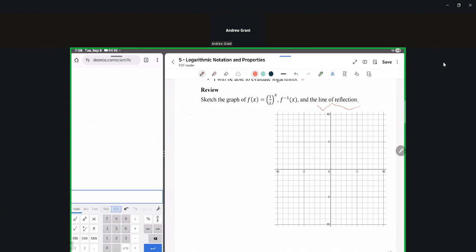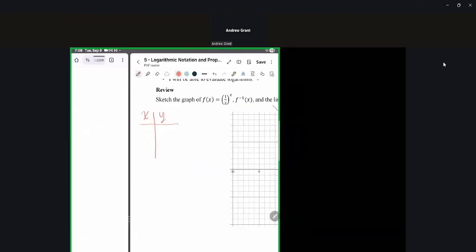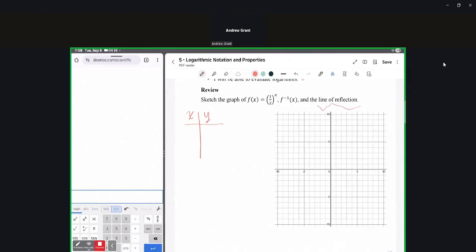usually what we want to do is just to make a quick table of values to help assist us. For exponentials, usually 3 points is enough, but for learning purposes, we'll use a few more points instead. So here we're going to be sketching the function y is equal to 1 half to the power of x. And then afterwards, we can sketch the inverse.